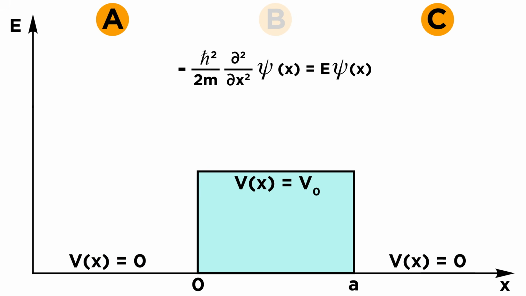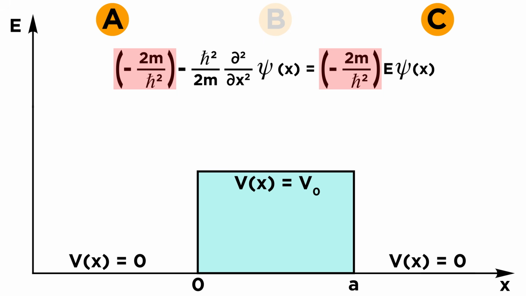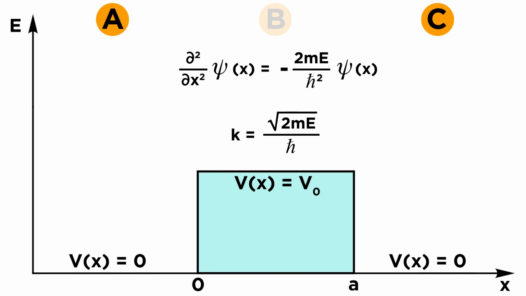From here, we will take the same steps as we did for the particle in a box. We want to isolate this second derivative, so we can multiply both sides by negative 2m over h bar squared, and then we can introduce the value k, which is equal to root 2mE over h bar. Though in this case, we will refer to it as k0, because this time we will have to define more k terms later.